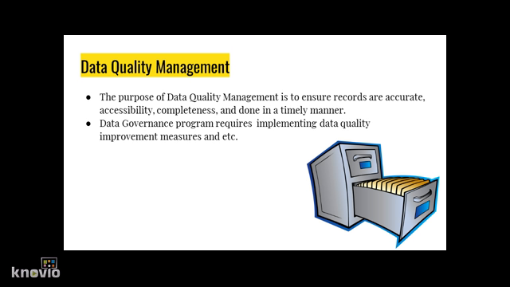Also need to have correct coding. Also, they need to be completed with accurate information in order to be billed correctly and also to be maintained in our records correctly. The next bullet point says data governance programs require implementing data quality improvement measures, and etc.